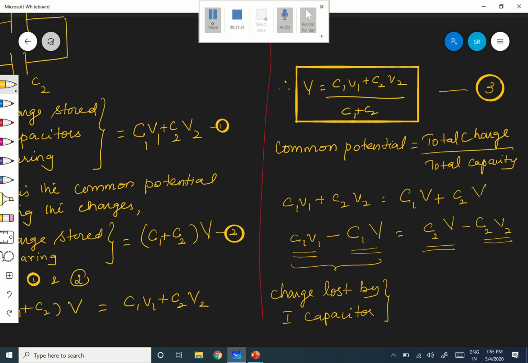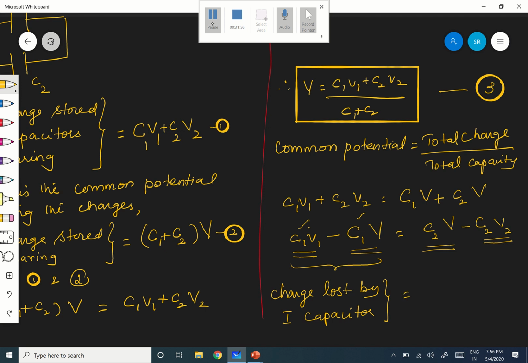C1, why? Because the initial capacitance is more. Minus, what is it? It is the initial charge C1V1 minus C1V, which means this is before sharing and this is after sharing. Therefore, this minus this is the charge lost by the first capacitor.